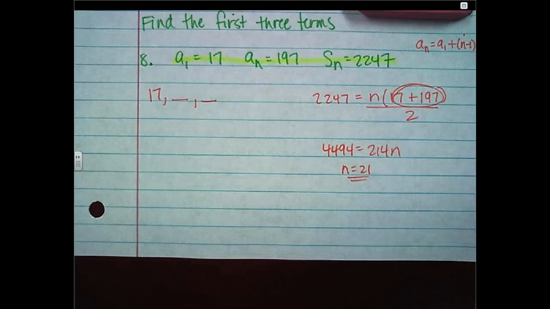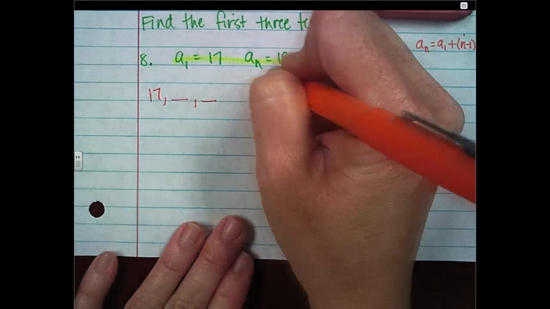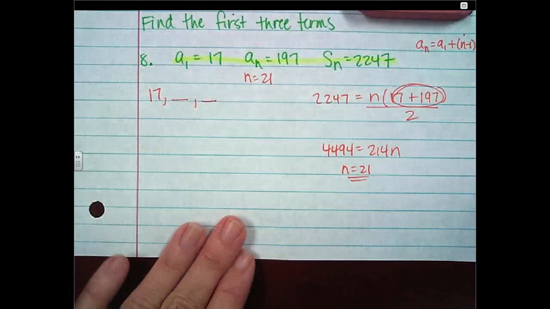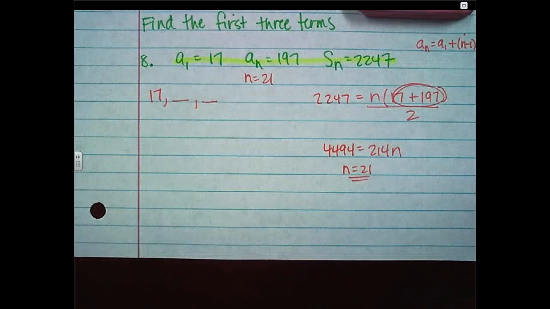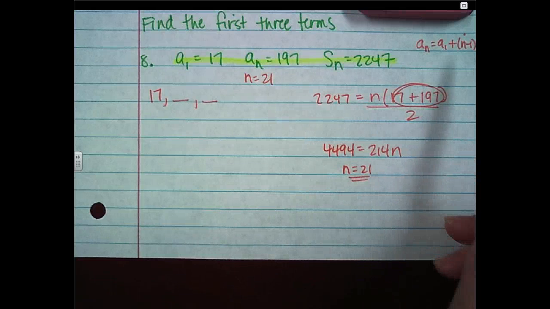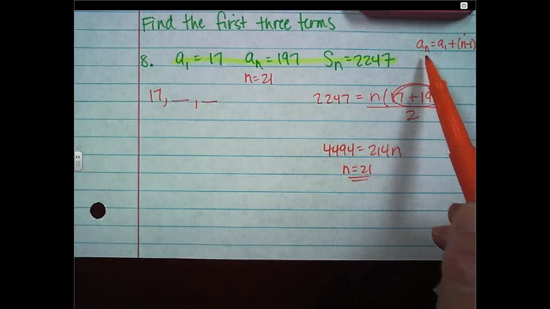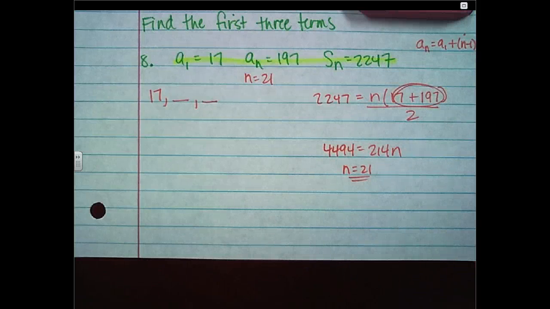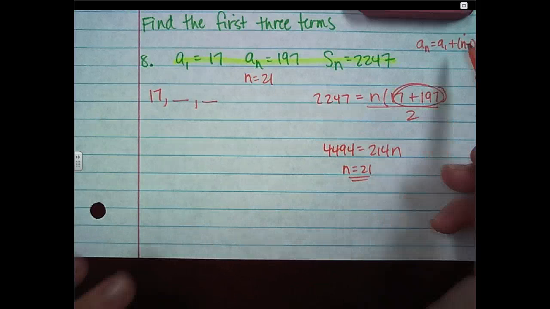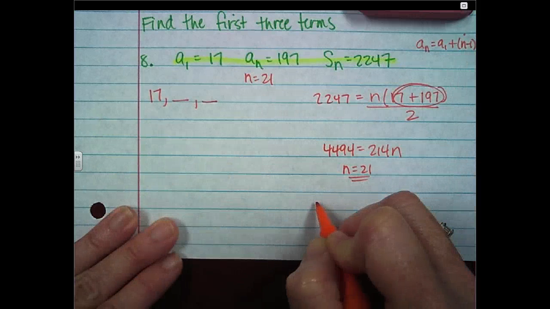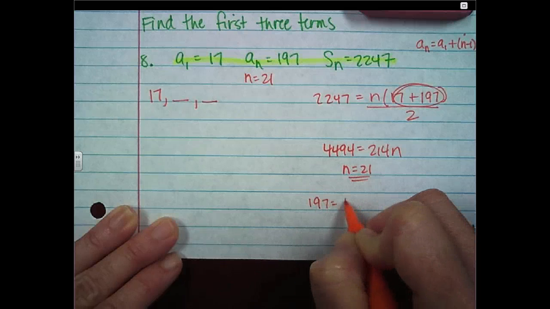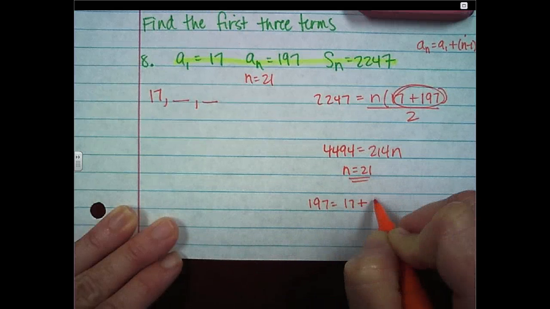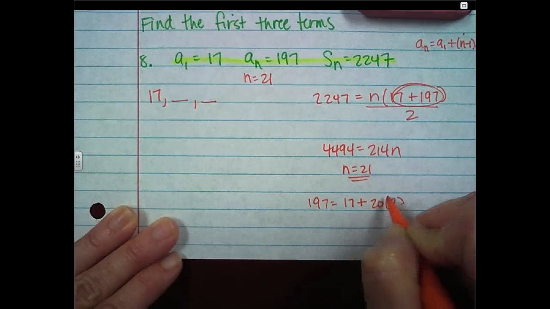Now I'm closer anyways. I can go up here and say, all right, I now know N is 21. Now I think I'll have enough information to use this formula, Friday's formula, to find the answer. Because I need D, because I'm looking for the first 3 terms, right? So let's try it. 197 equals 17 plus 20 times D. That came from N minus 1.